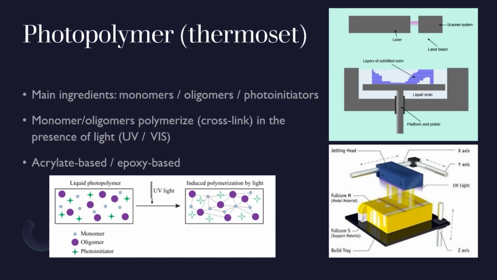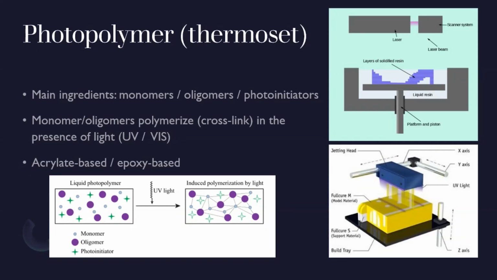The polymerization of these reactants is induced by radiation and promoted by the third ingredient, photoinitiators. Photoinitiators are usually the free radical type or cationic type, the latter of which continues reacting even after the energy source is removed, so a consideration to keep in mind.